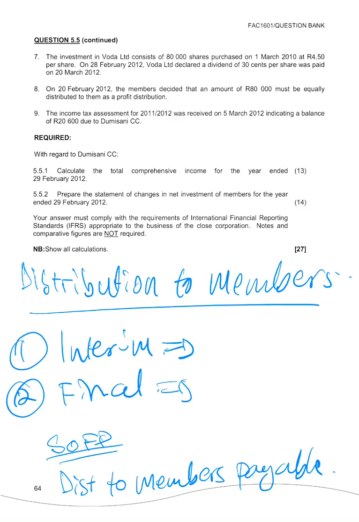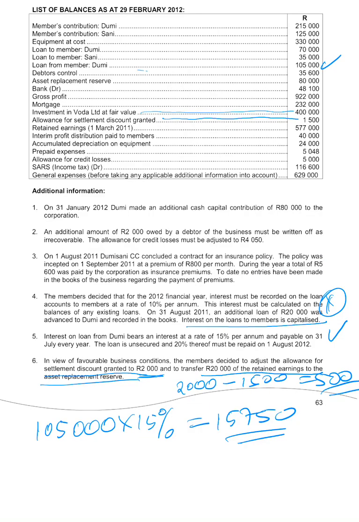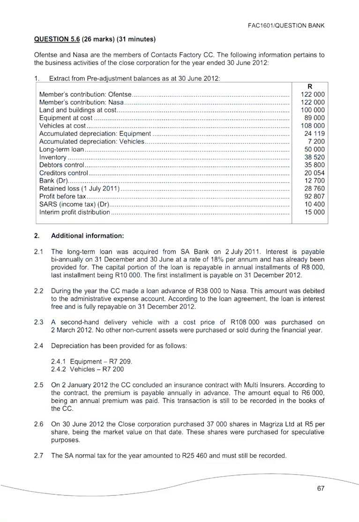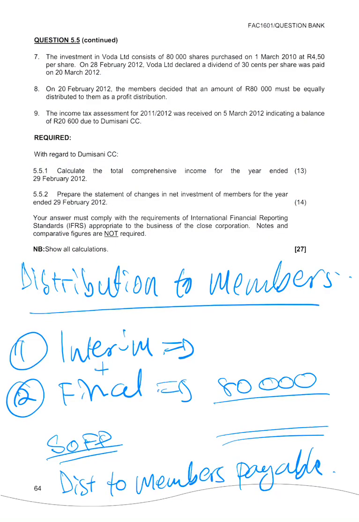Right, so how much is our interim? So in this case, we are going to add the interim and the final. So they decided to, so there is a final of 80. Then we check on the trial balance if they paid anything. They say there's an interim profit distribution to members of 40,000. So interim is 40.